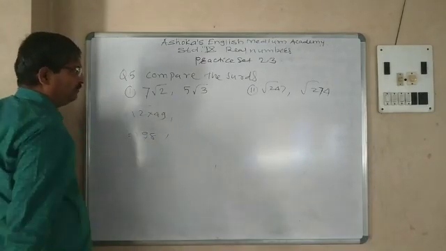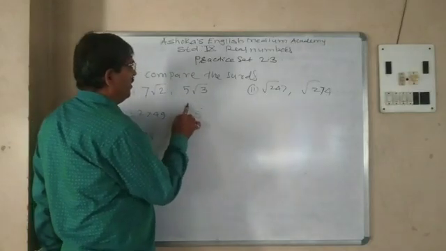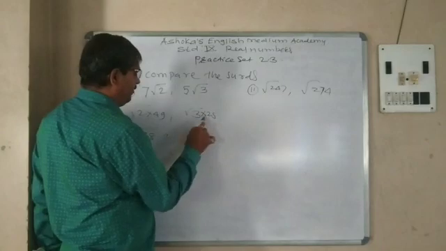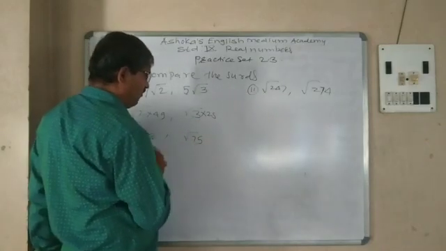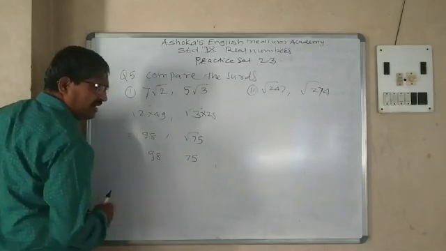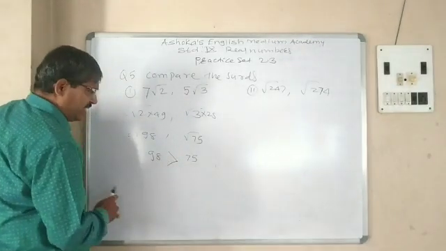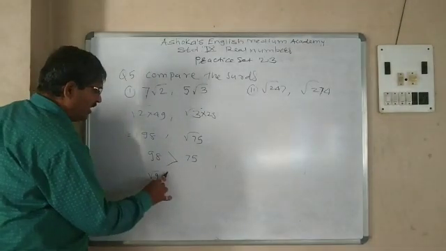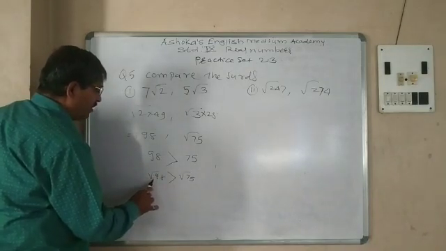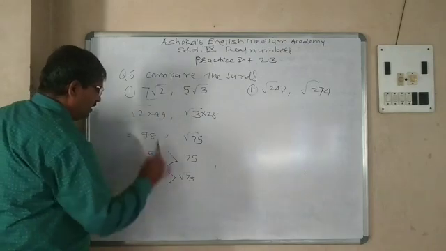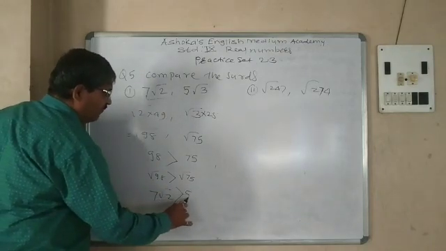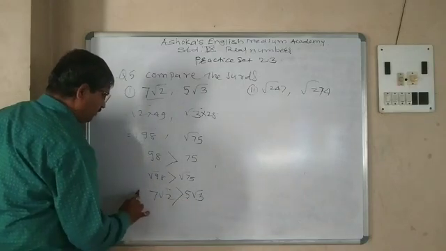Similarly, 5 becomes square, so 25, and it comes here 75. Now check who is greater, 98 or 75. 98 is greater. It means root 98 is greater than under root 75, which means 7 root 2 is greater than 5 under root 3.